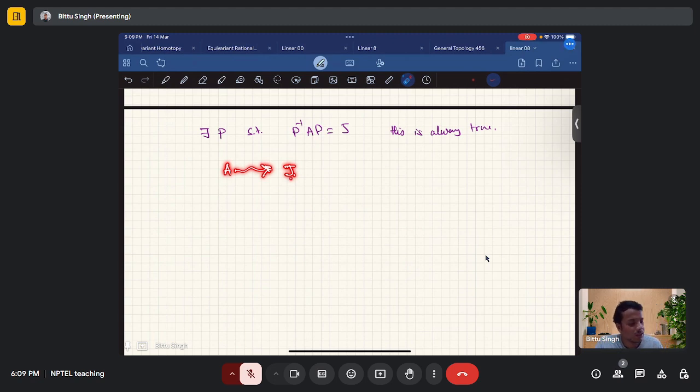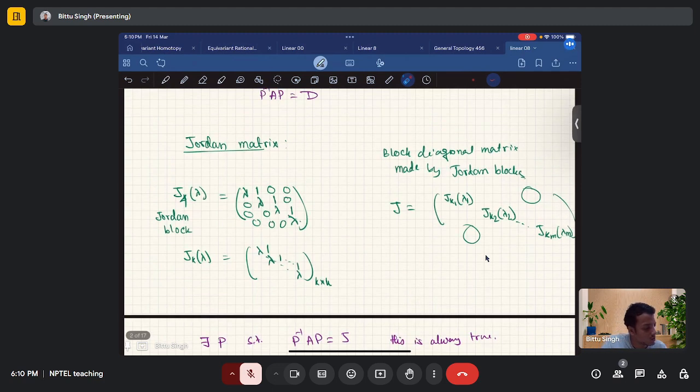That form is unique up to rearrangement, because those blocks can be interchanged in some cases.